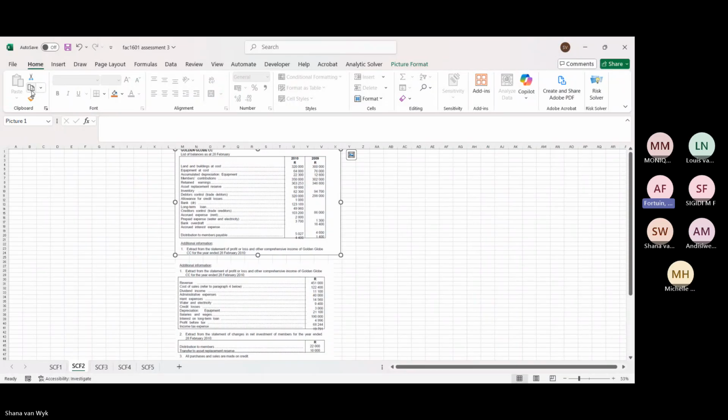Are you sharing your screen? Yes, I'm just going to post the pictures in the chat if anyone also wants to do it on Excel.